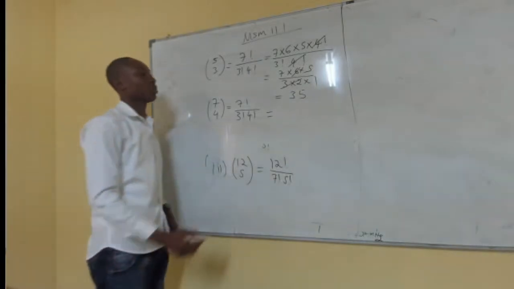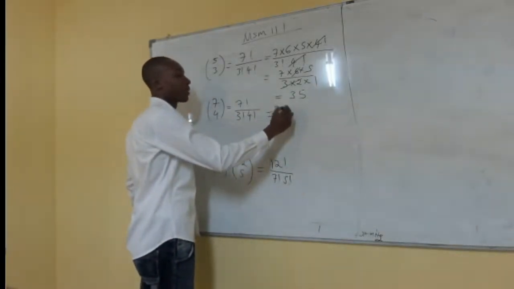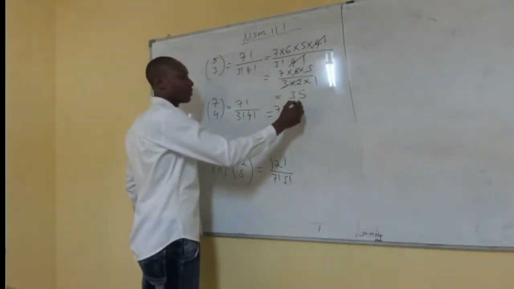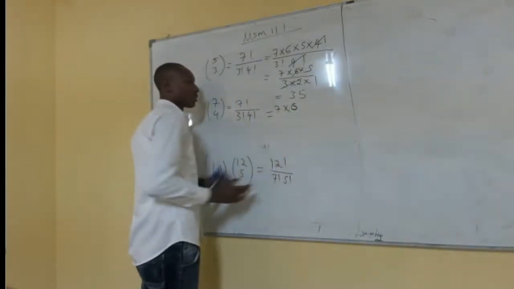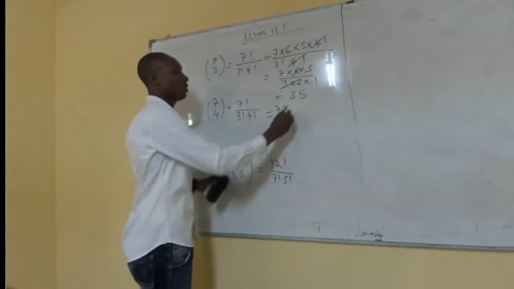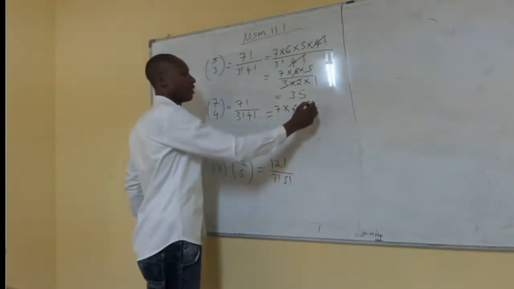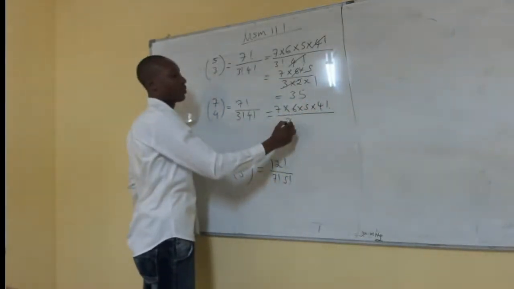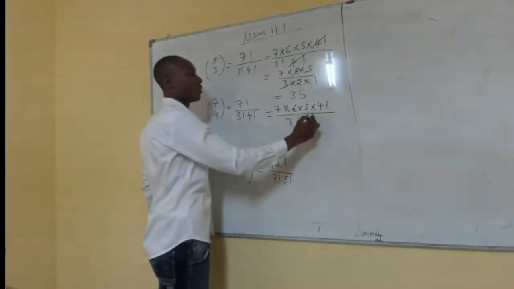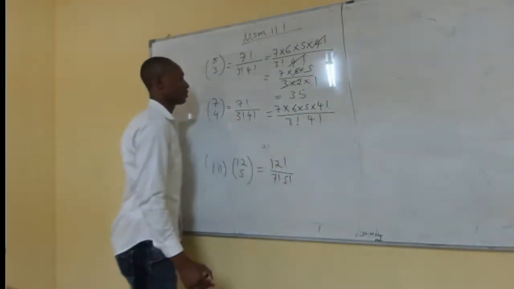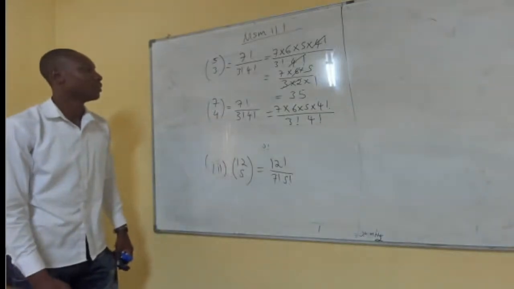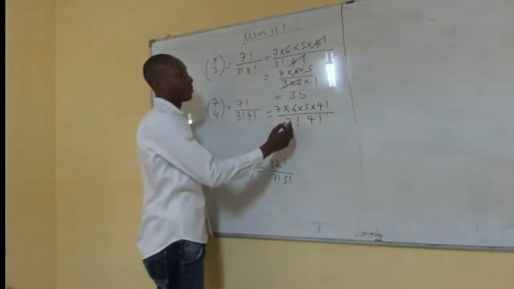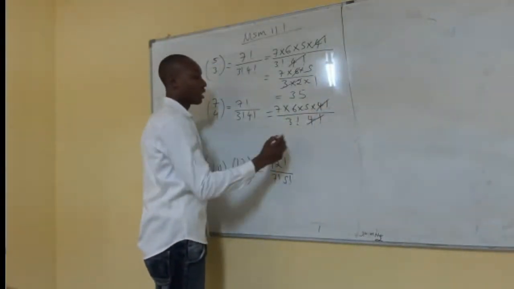Again, it's 4 factorial, so we have 7 times 6 times 5 times 4 factorial over 3 factorial multiplied by 4 factorial. Okay? Then you have 4 factorial and that will cancel.